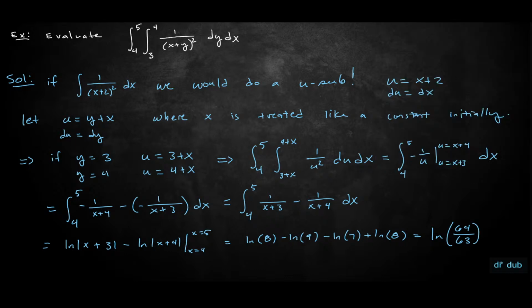So we have 2 times natural log of 8 minus natural log of 63 after using some log properties there. So any questions? Try to take a minute, see if there's anything that you guys have questions about.